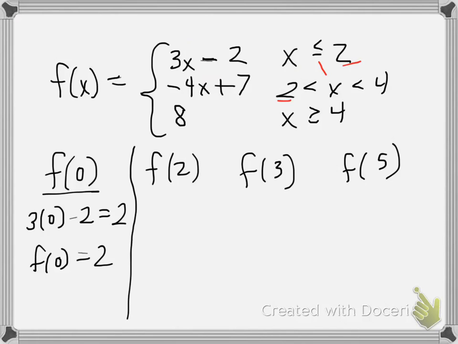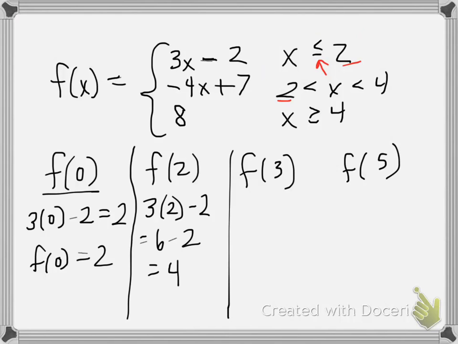Because of the less than or equal to symbol here, I'm going to again use this top function for plugging in 2. So f of 2 equals 3 times 2 minus 2, which equals 6 minus 2, or 4.